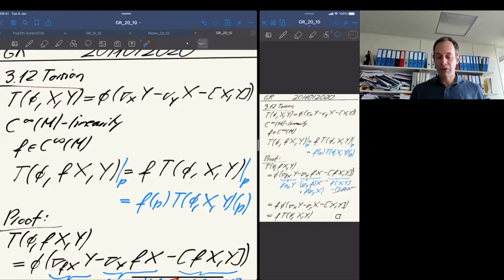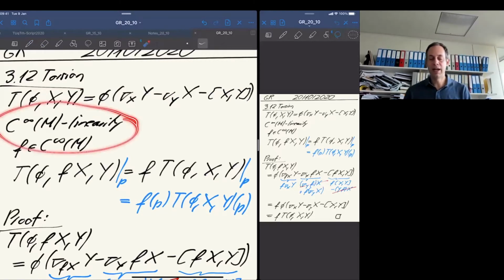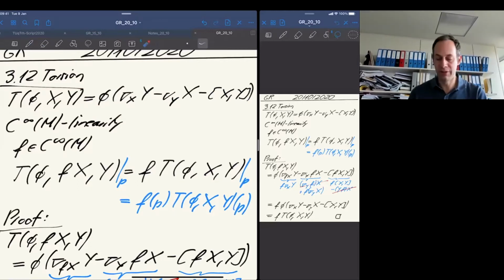So let me just remind you that therefore C infinity linearity is actually an important thing to verify, and it's not usually given. We have just seen the example. The nabla, for example, as we have just seen in the derivation, is not C infinity linear in the second argument. By the way, what does this mean intuitively?